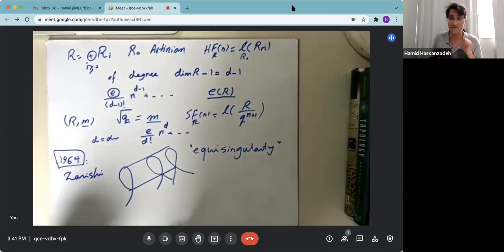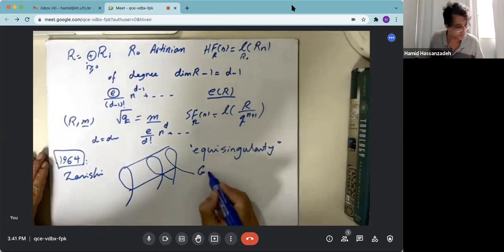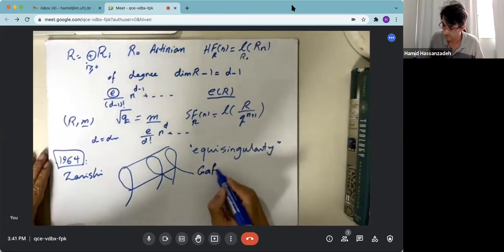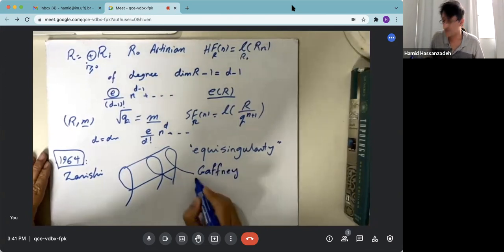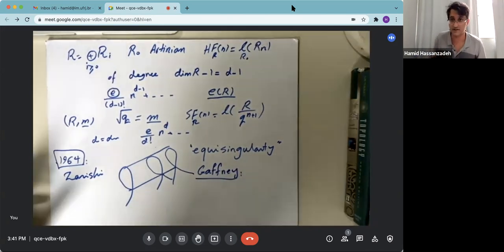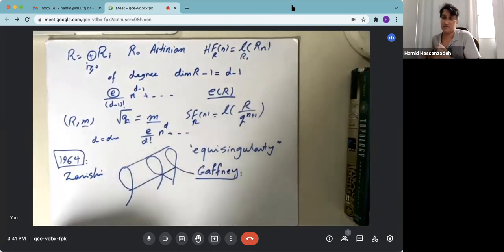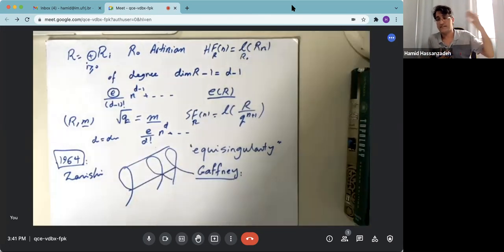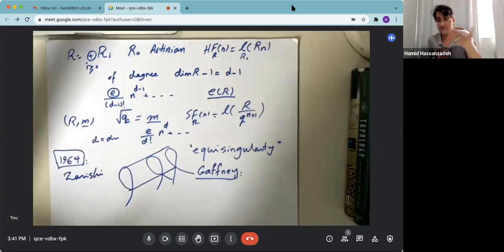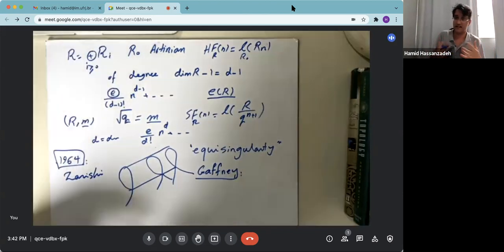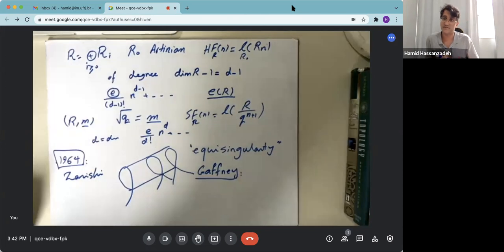So one of the main figures in this theory is Gaffney, who developed quite a bit the theory of equisingularities. Not only Gaffney, I mean, Teissier, Steve Kleiman, so many people had contributions to this theory.